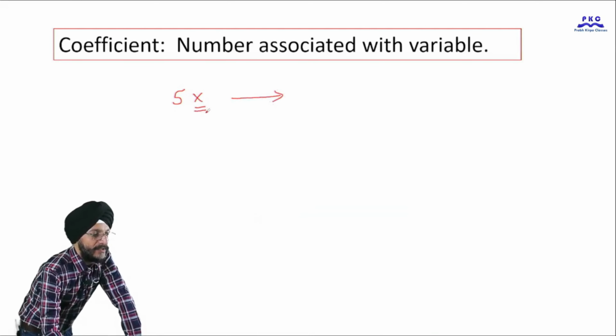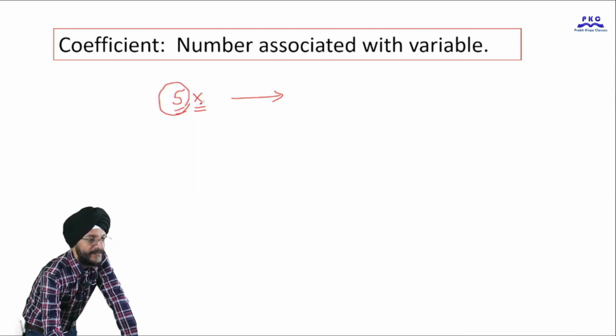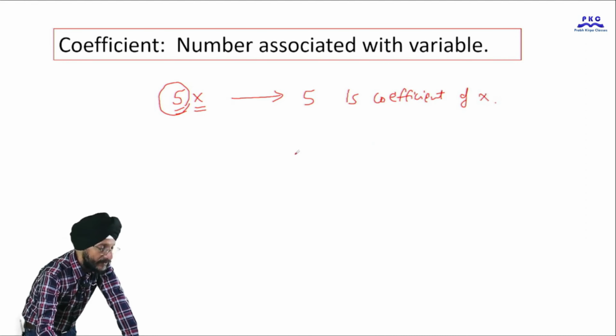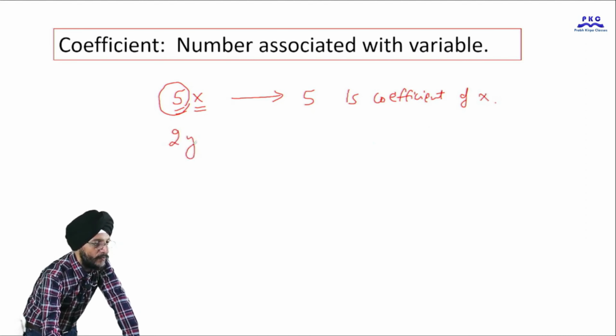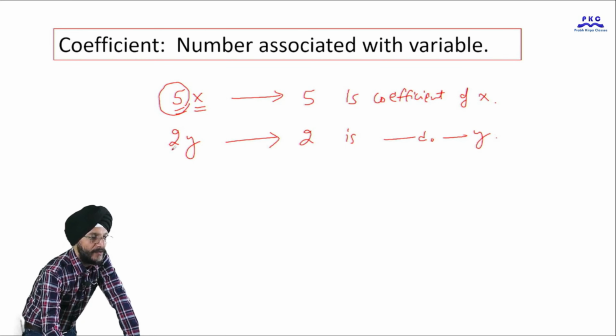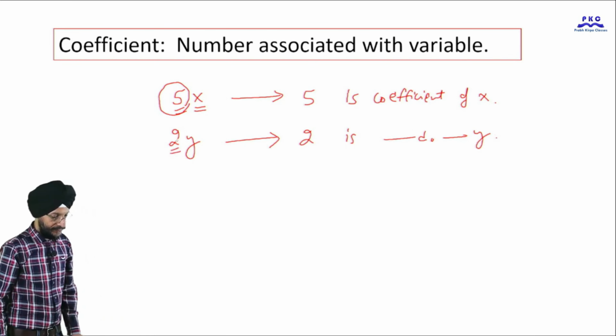So this number which is attached with the variable x, that is 5, is the coefficient of x. So if we write 2y, here 2 is the coefficient of y.